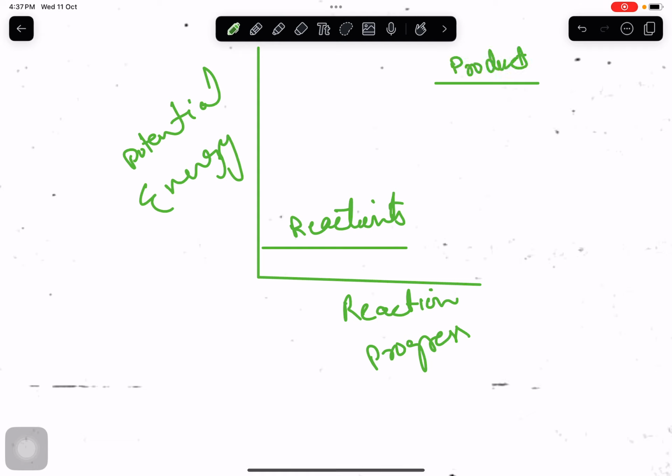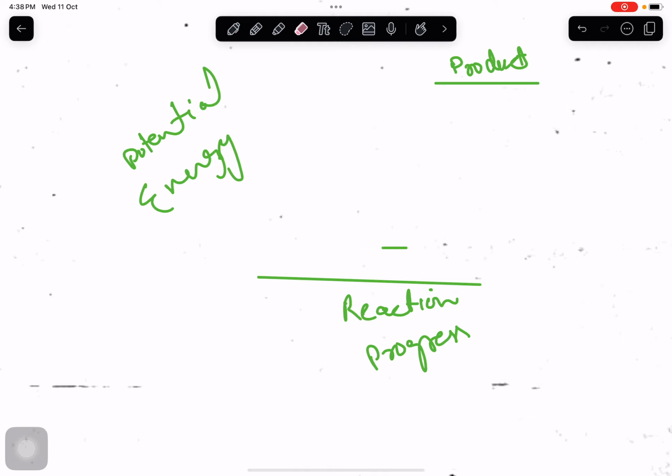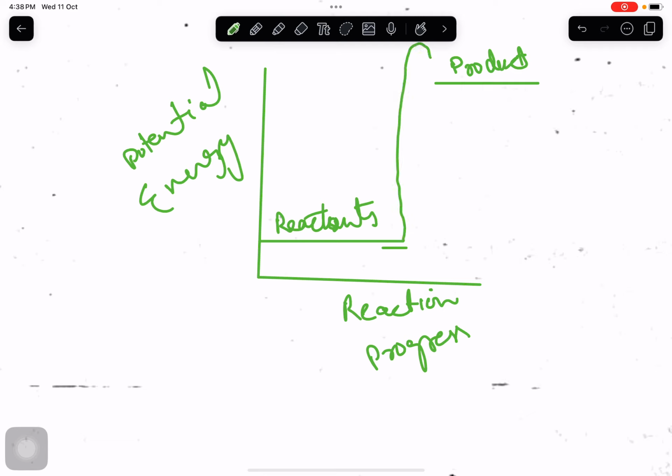If you notice, in exothermic reactions we have the opposite, because the reactants were at high energy and products were at low energy. Now, delta H is very high. Activation energy is very high in endothermic reactions, so we need to provide a huge amount of energy to start this reaction.